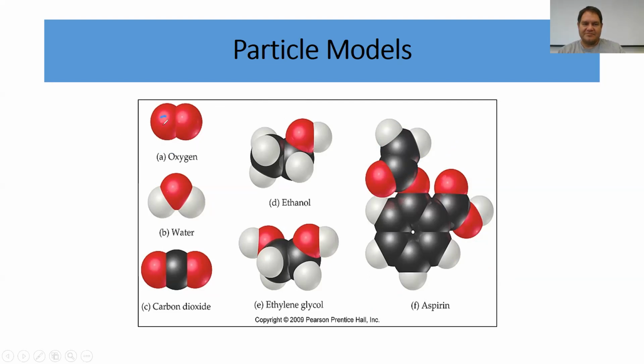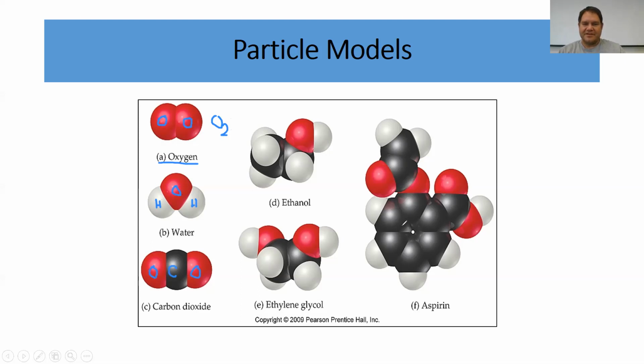Like these two represent oxygens, two oxygens to form O2, which is oxygen, okay? And then this is water here, which is oxygen, and then these white ones are hydrogen atoms, and that gives us our ratio of 2 hydrogens to 1 oxygen. This is carbon dioxide, that's a carbon atom, and these are 2 oxygens here, and so forth.